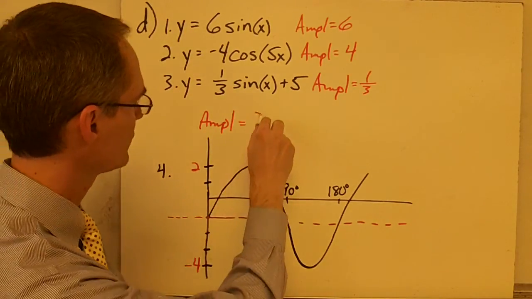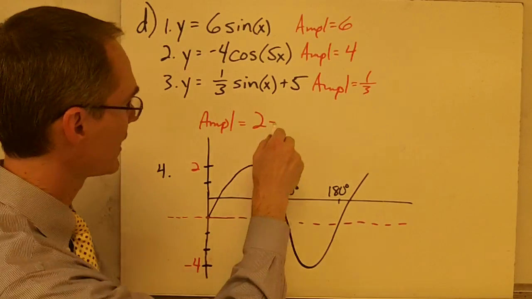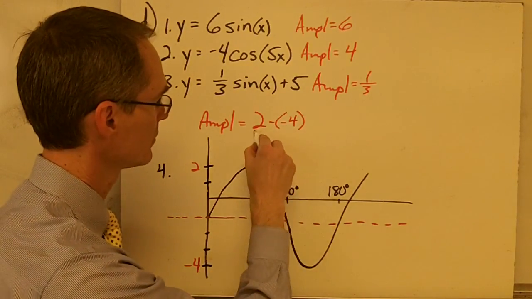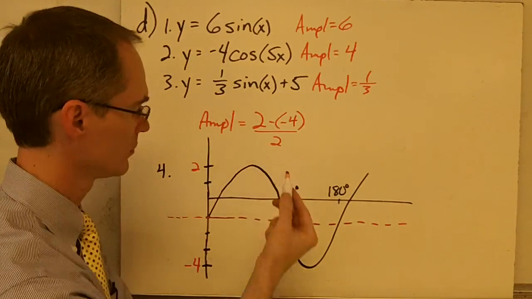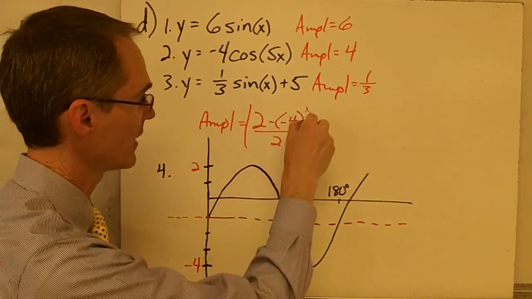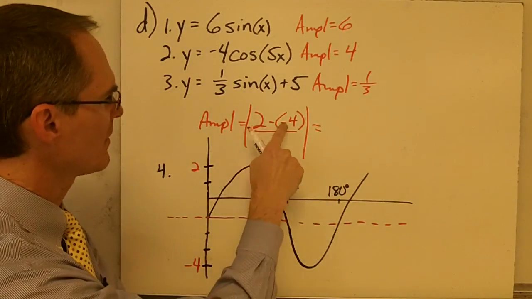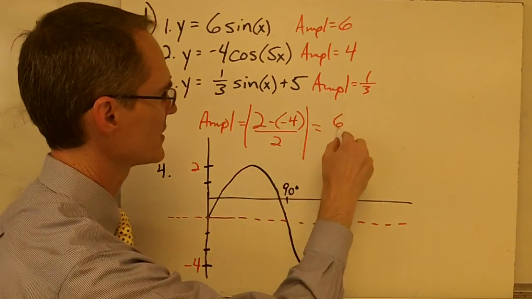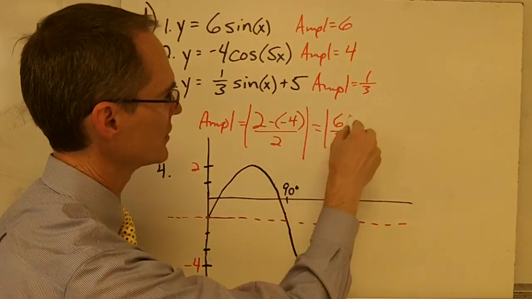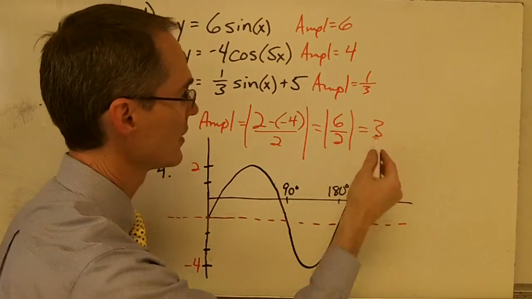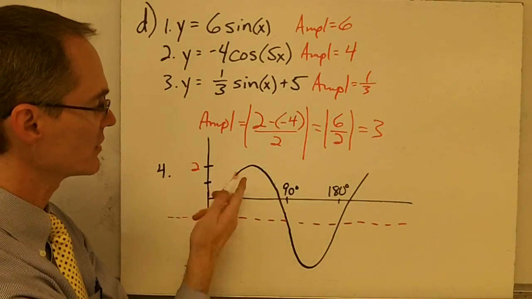My maximum value, 2, minus my minimum value, negative 4, divided by 2. And then I'm going to take the absolute value of that whole thing. So 2 minus negative 4, that's 2 plus 4, which is 6. 6 divided by 2 is 3, and the absolute value of that is 3. So I can see my amplitude of this one is 3.